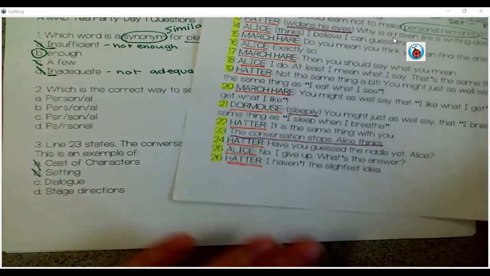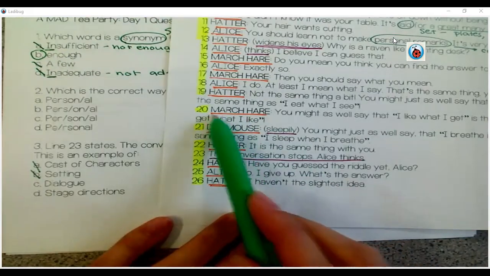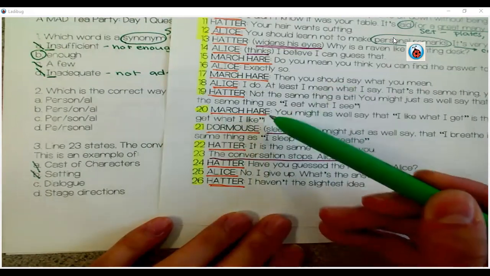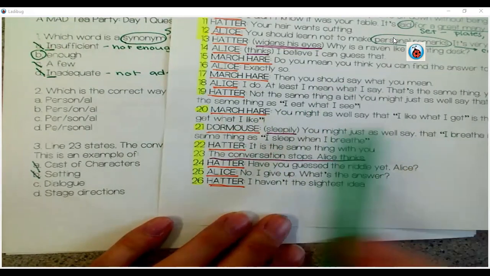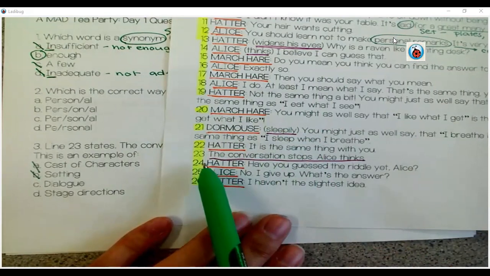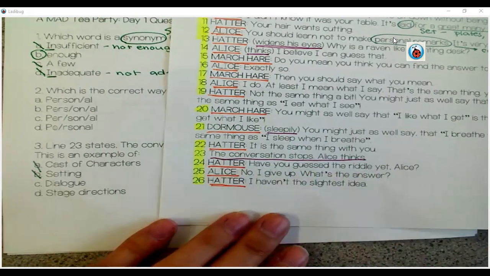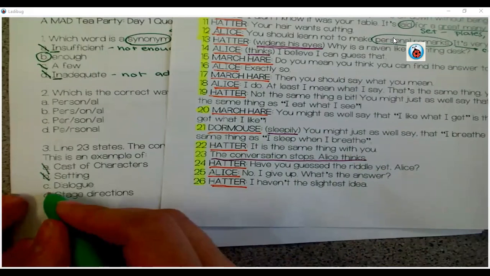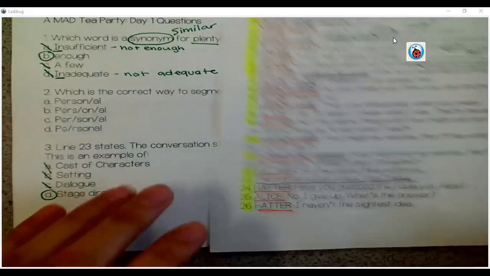Remember, the only time we see dialogue is when we see a character with a colon, which is 2 dots after their name, and what they're saying. That is what they would speak. We underline this in pink because this would not be read out loud. The conversation stops. Alice thinks. That is stage directions. Let's go on to question 4.